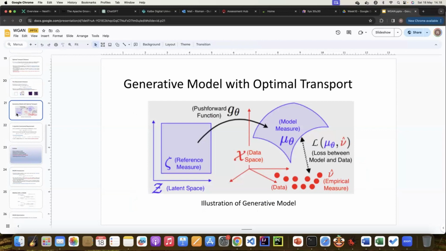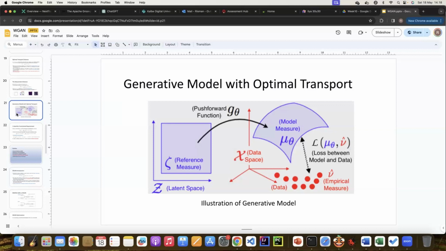Let's say from latent space, noise generated by a random distribution like Gaussian, we call it Z. And we call the generator a push forward function G theta, where G theta is the generator with weight parameter theta.